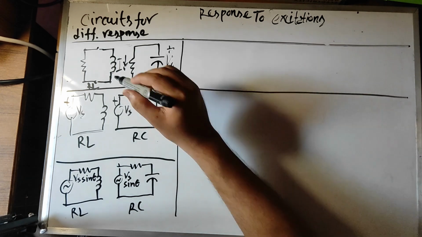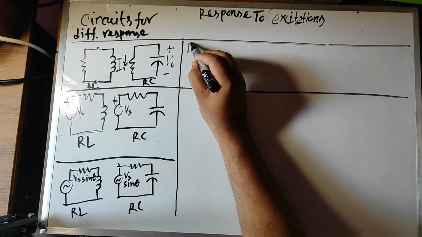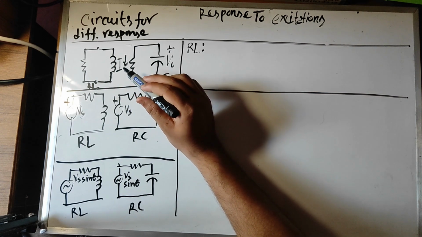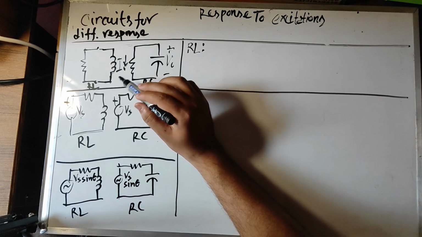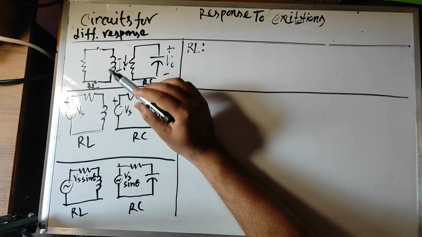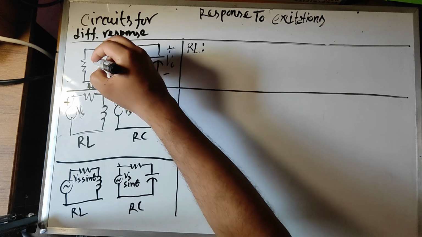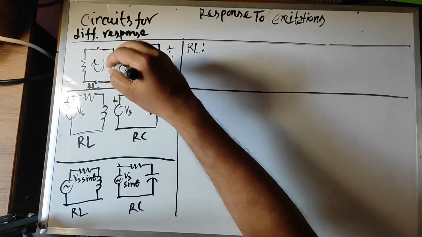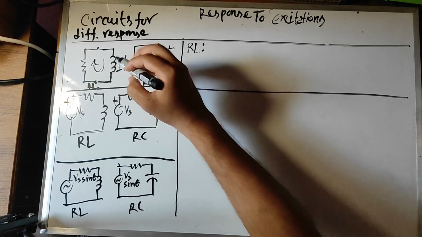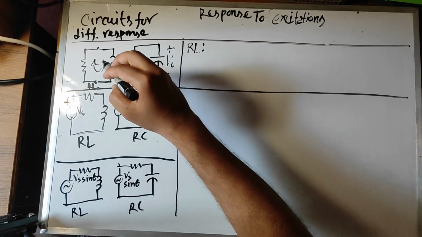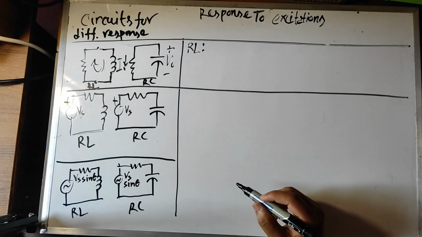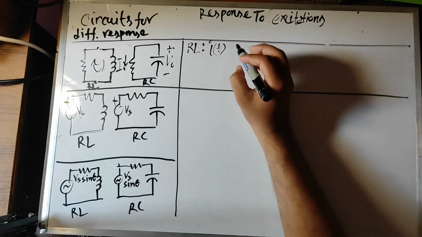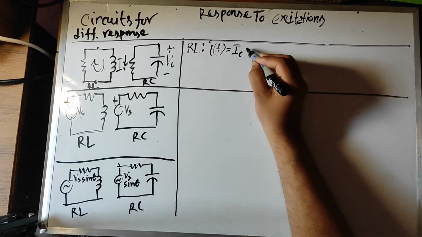So the source free response of the RL circuit: the initial current in the inductor of this series RL circuit will flow through this path, and it will dissipate the energy which is stored in the magnetic field inside this inductor, and release it through the resistor, and the equation will look like i(t) equals I0, the initial current.